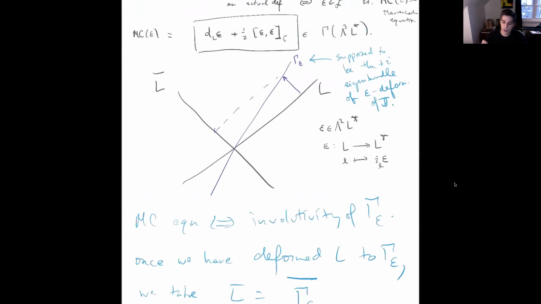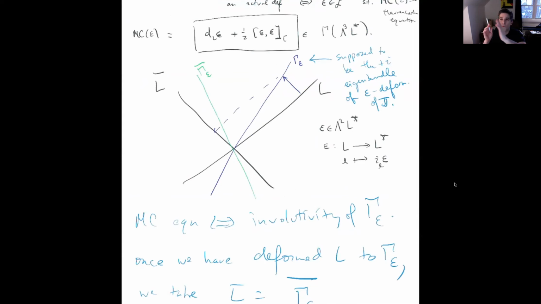If this graph goes too far, then when we take the complex conjugate, let me draw the complex conjugate, graph epsilon bar, it could be that this graph is so large that it will have an intersection with its complex conjugate.